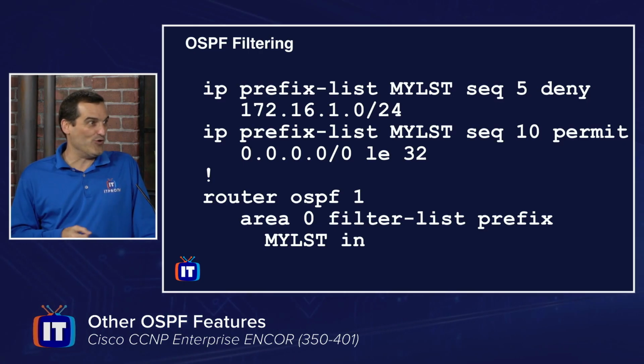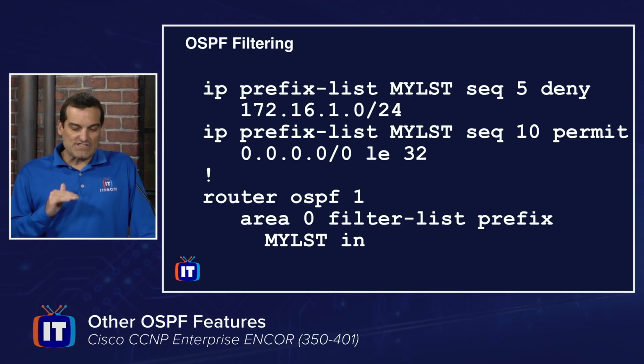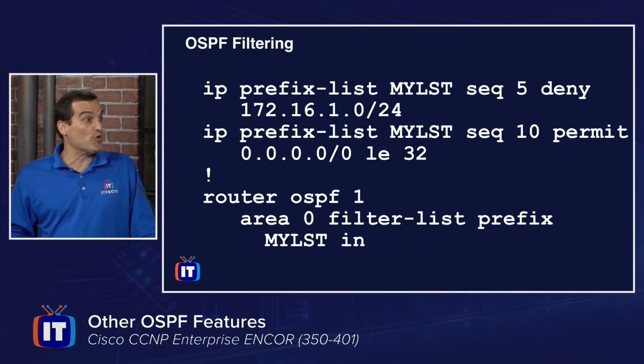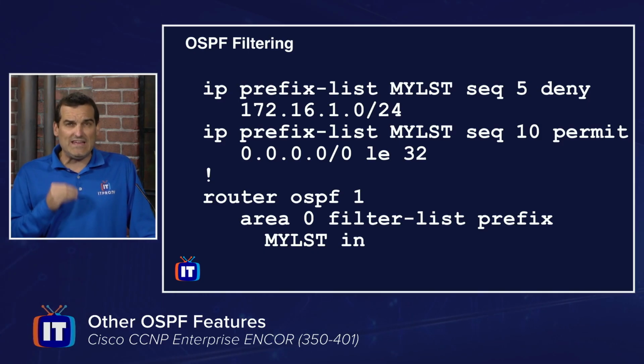So forget about the old wildcard mask, which is so difficult to type in. We're saying deny 172.16.1, and then the next line permits absolutely everything else. So that's your override of the implicit deny all behavior. That prefix list denies that prefix, and it's then very easy to tie into your OSPF configuration.